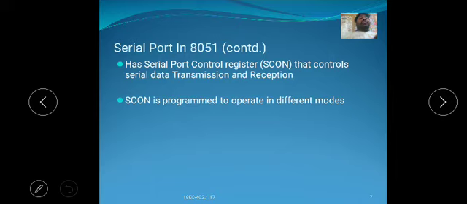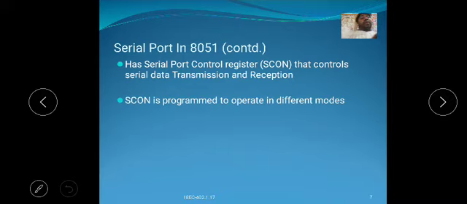It has the serial port control register, that is the SCON, that controls the serial data transmission and reception.